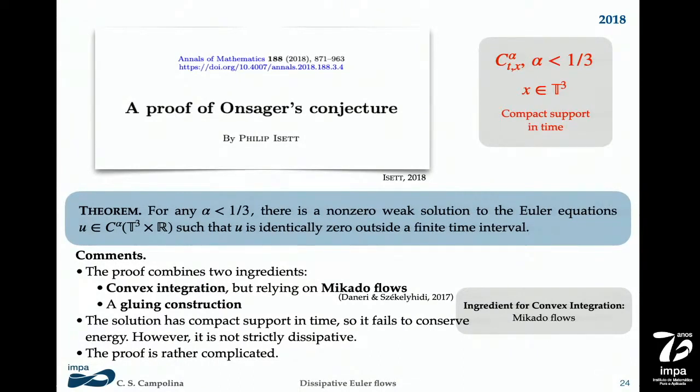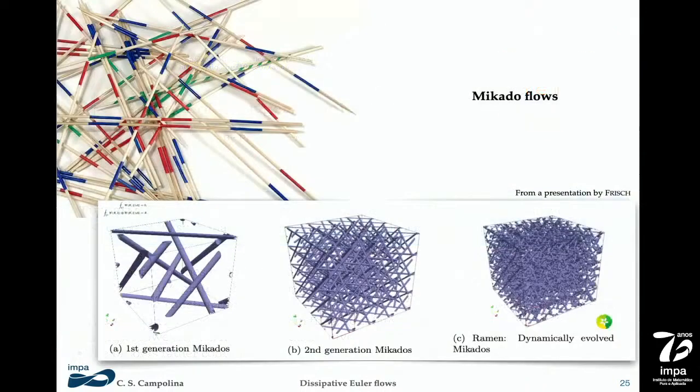The only thing that it lacks is the strictly dissipative part, right? And these are the Mikado flows. I'll just show, not the formulation, but the picture. This name comes from this game, which in Portuguese we call pega vareta.